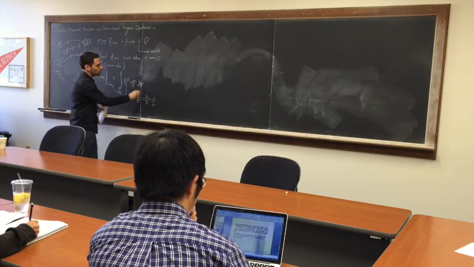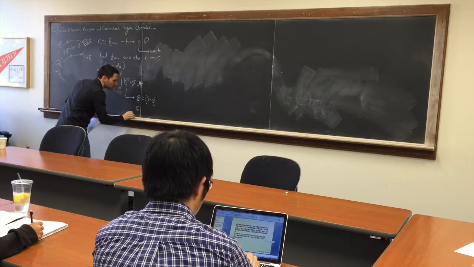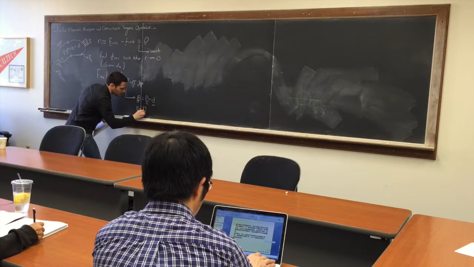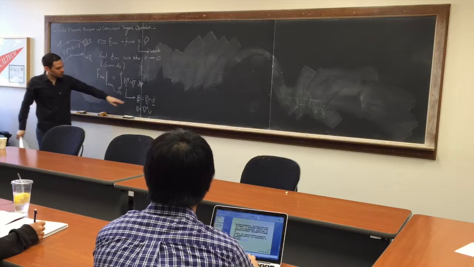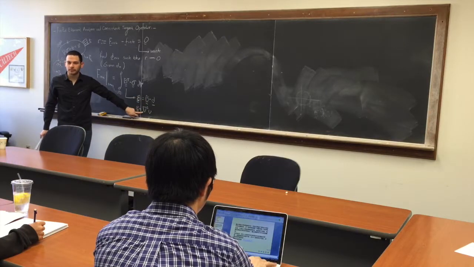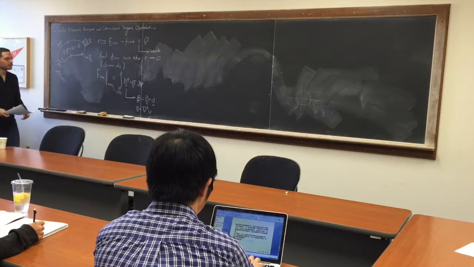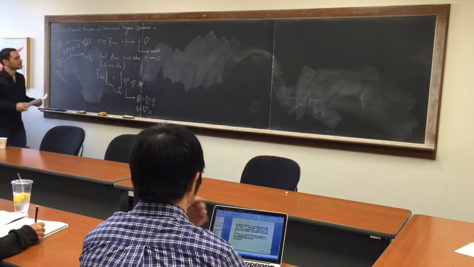And remember that in the continuum world, this epsilon, the strain, is nothing but the symmetric gradient of the displacement. So this is the discrete version of this operator right here. This is the approximation.